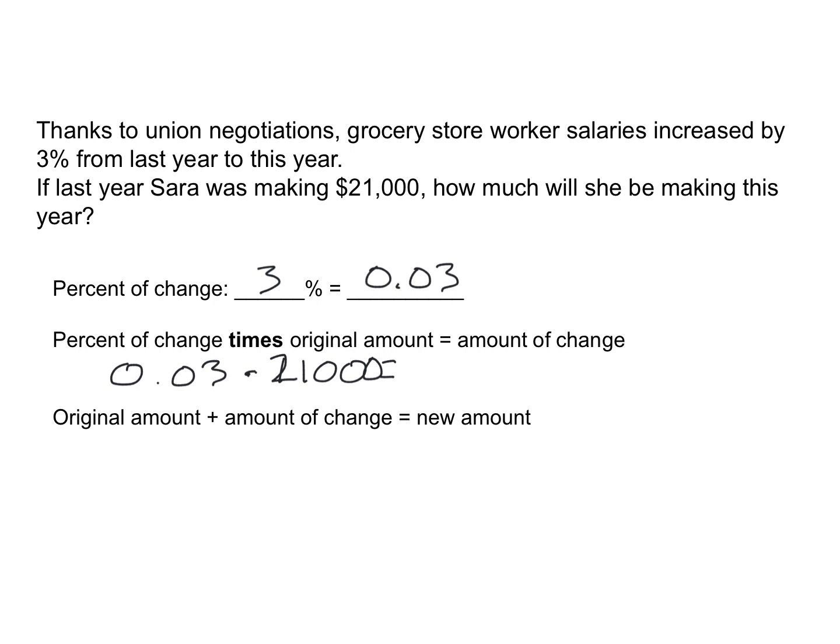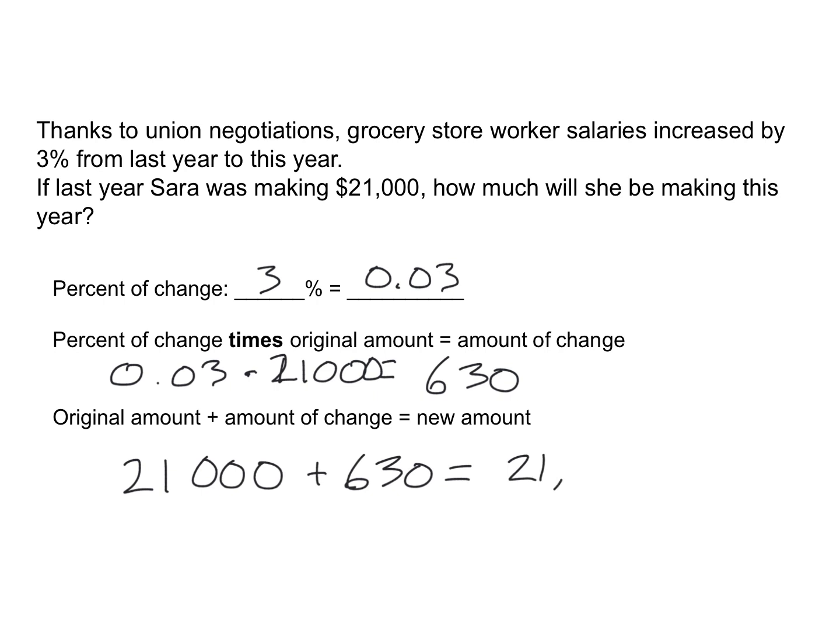And you can be doing that as well. So that's going to be 630. So that means that she is making $630 more this year than she was last year. So the final thing we need to do is we need to add these things together. So this means that this year, Sarah will be making $21,630.